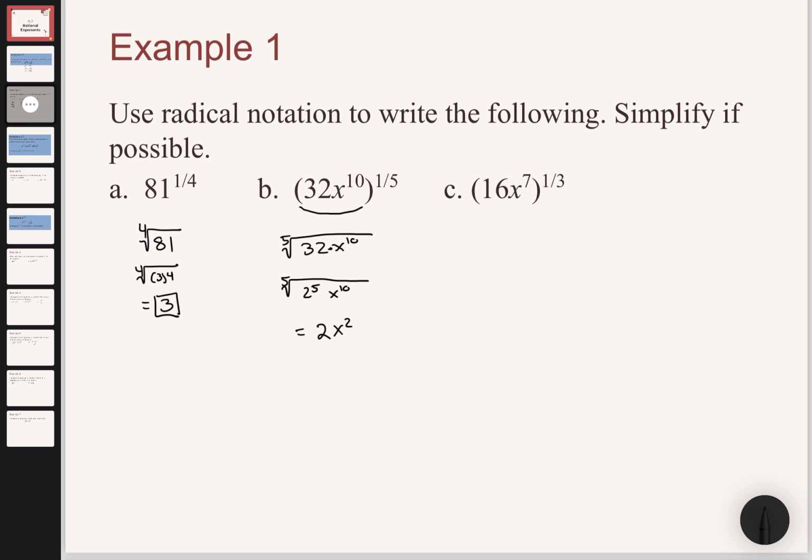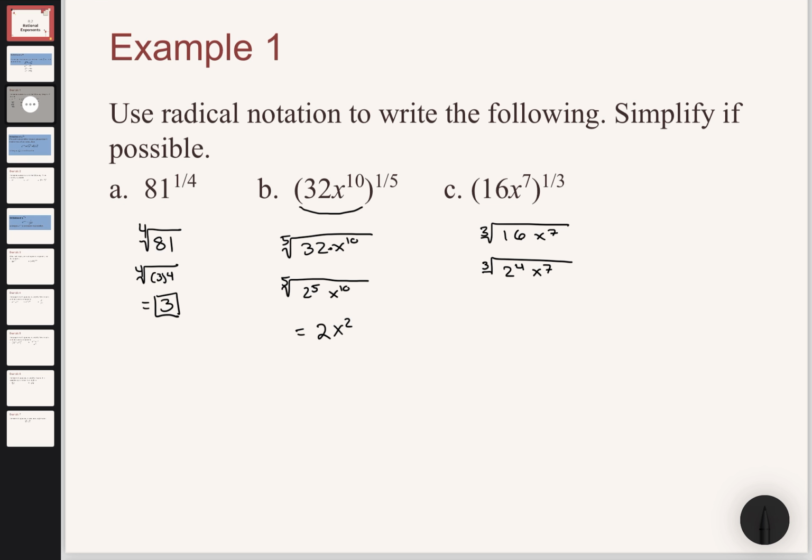All right, last one. Cube root of 16x to the 7th. All right, this one's going to be a little different. 16 is the same as 2 to the 4th. So I'm going to rewrite that: 2 to the 4th, x to the 7th. What I then want to do is break these apart.